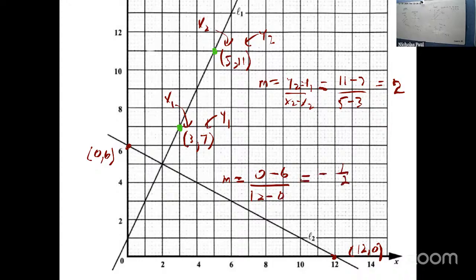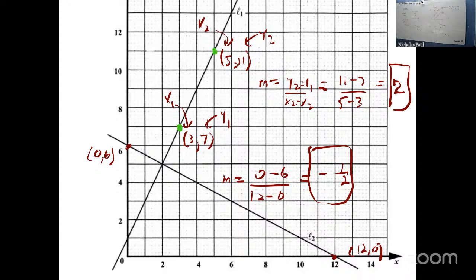The question asks, what is the relationship between line 1 and line 2? Remember, the gradient here is 2, the gradient here is minus a half. They are perpendicular. How do you know that? It could be 89 degrees, it could be 87 degrees, it could be 91 degrees.